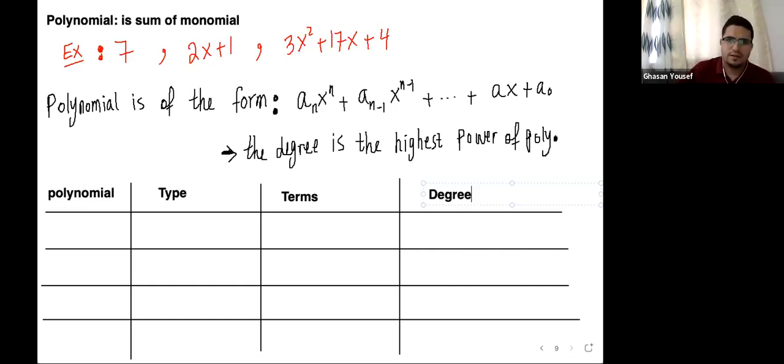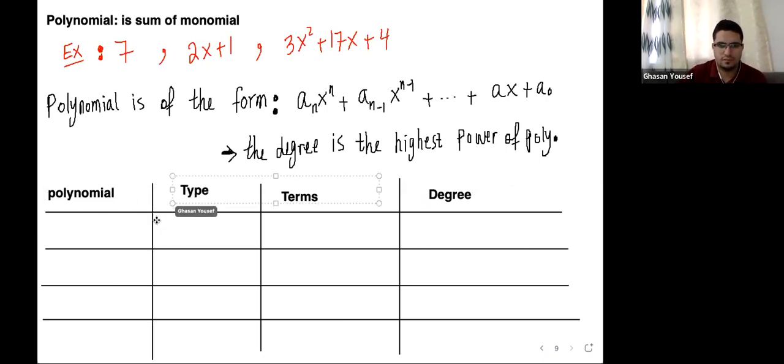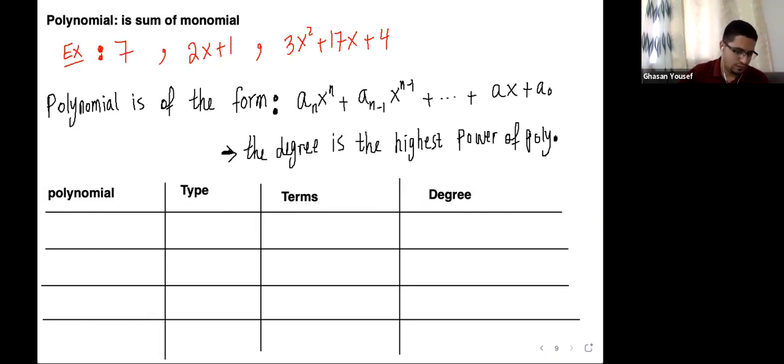So the first one is in this form, 2x squared minus 3x plus 4. The second example is ax squared.